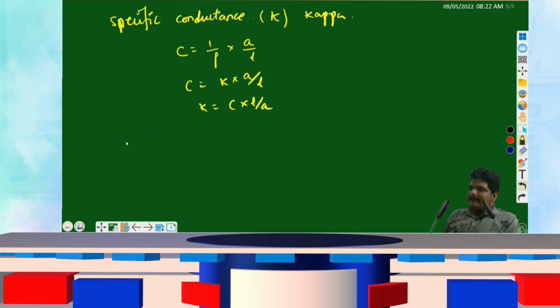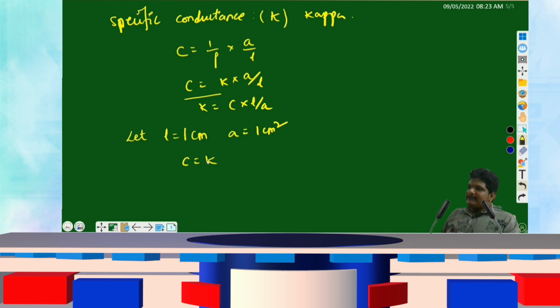Now, if the two electrode plates are separated by 1 centimeter and the area of cross section is 1 centimeter square, this equation becomes C is equal to kappa.